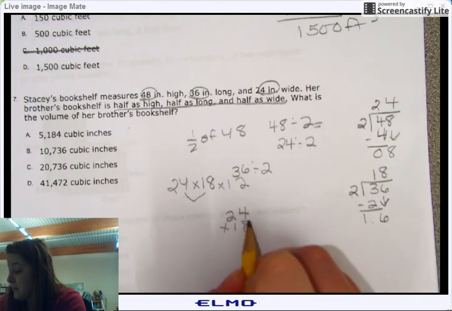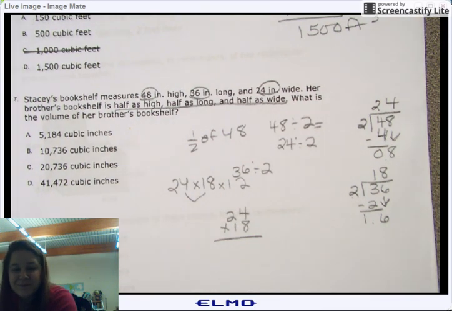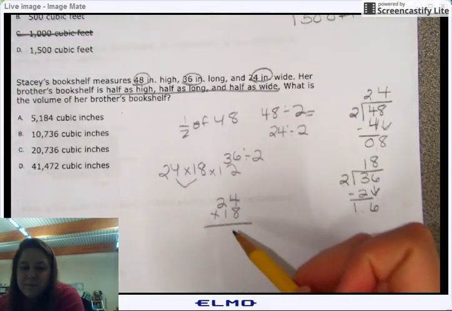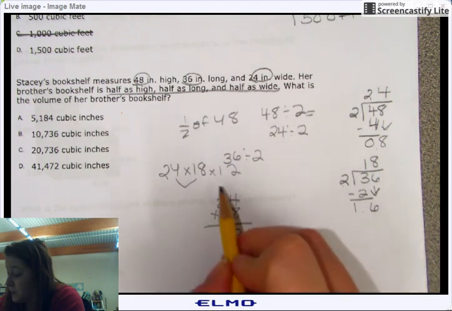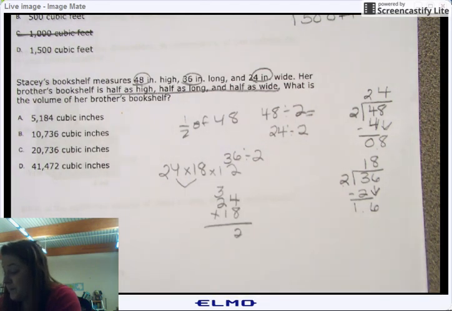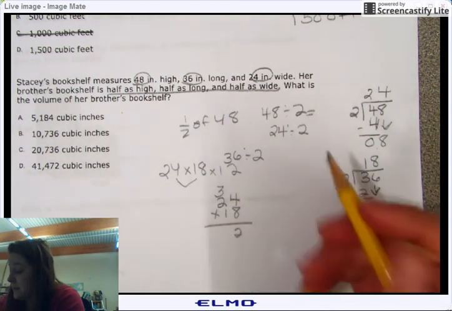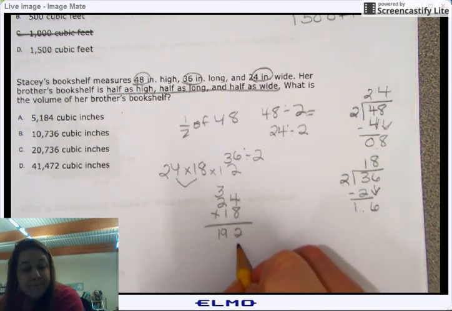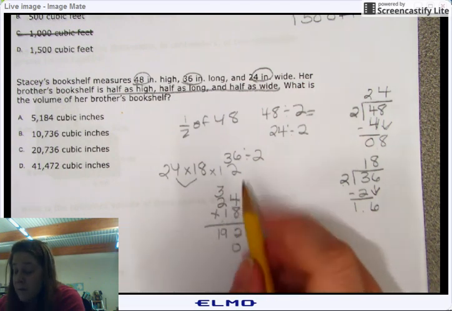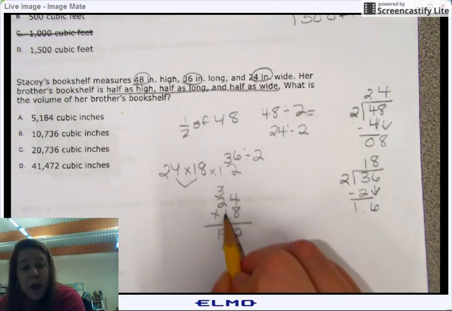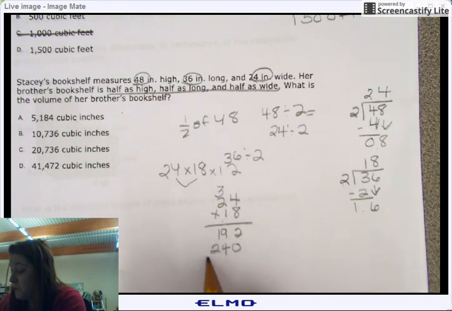So I'm going to write down 24 times 18. 8 times 4 is 32. Trade your 3. 8 times 2 is 16, 17, 18, 19. What goes here? A 0, because I'm no longer working in this place value. I'm now working in the tens place value. 1 times 4 is 4. And 1 times 2 is 2.